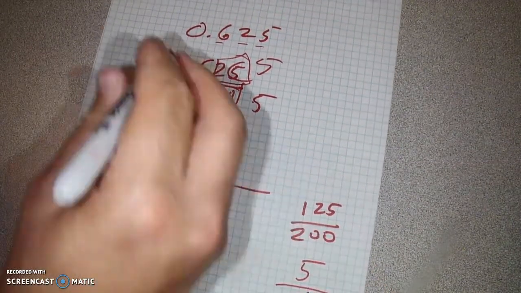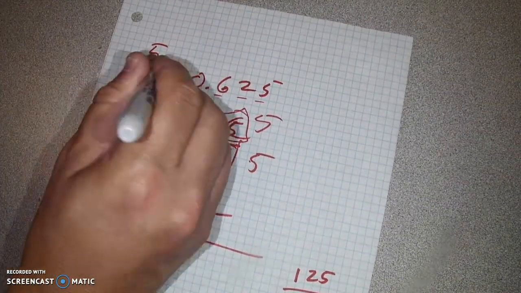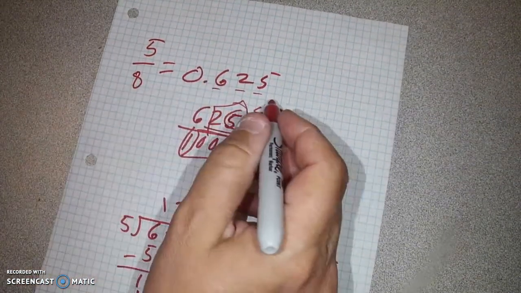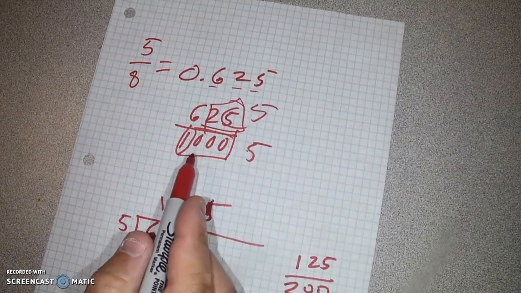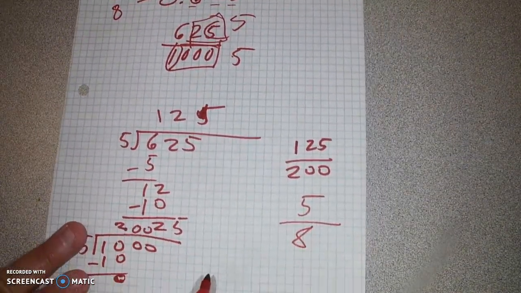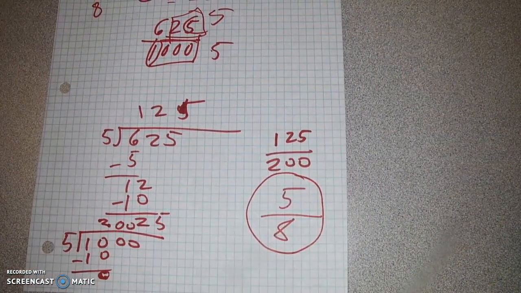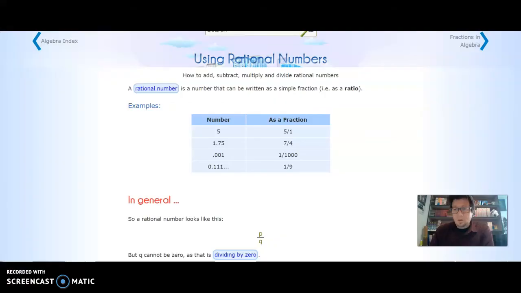So do you see how 5/8 equals this? And when we make it back into a fraction and simplify it, it turns back into the same fraction. Transformers in action. You're also going to be using a lot of rational numbers.